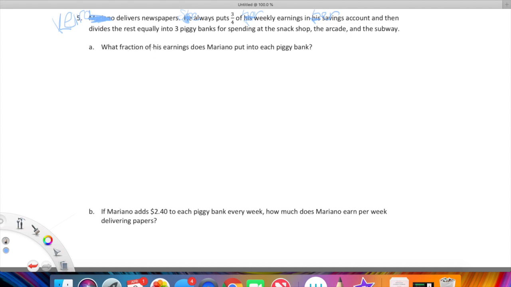What fraction of her earnings does Kira put into each piggy bank?